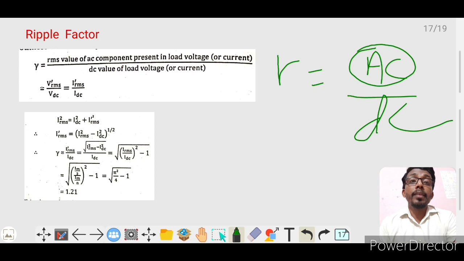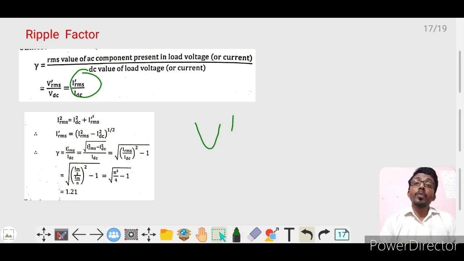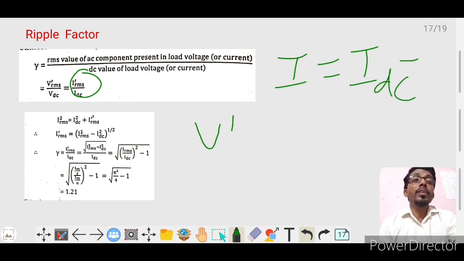We represent only the AC component by V dash RMS, so we are going to find V dash RMS by V_DC, or I dash RMS by I_DC. We know that I total is I DC component plus I AC component.